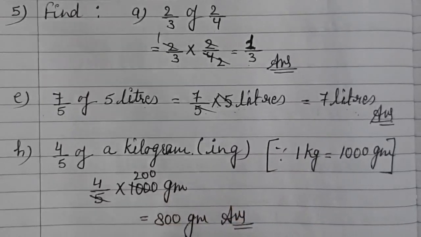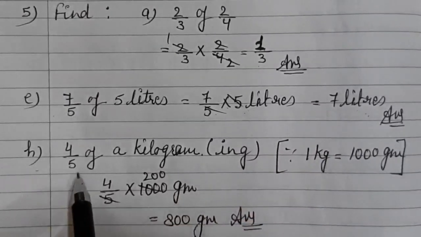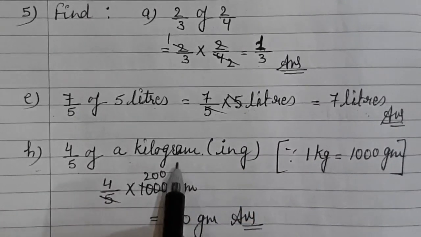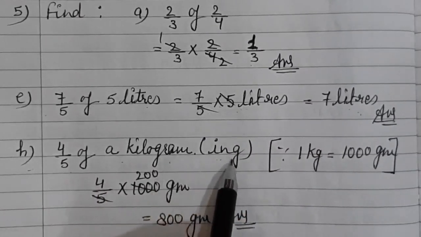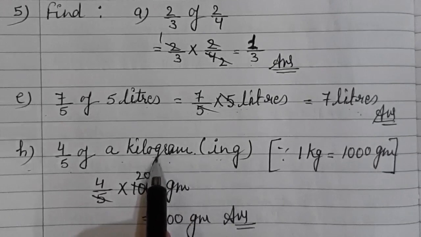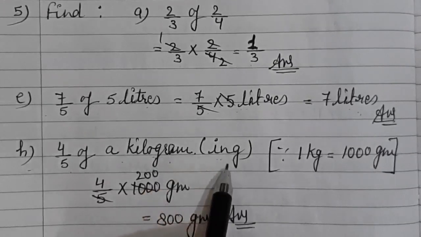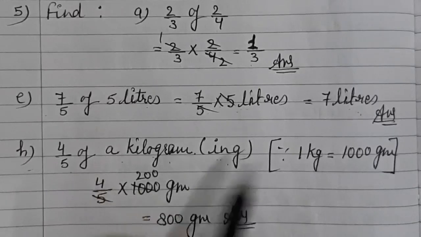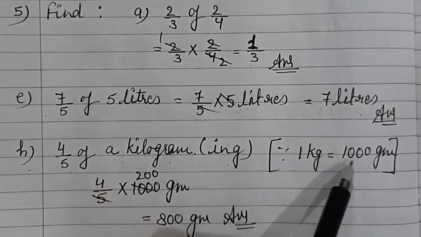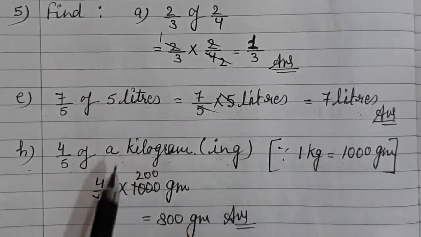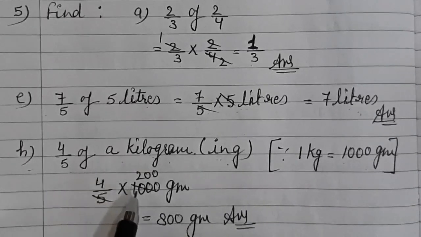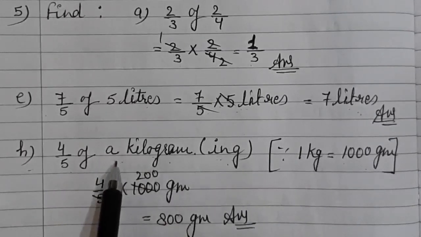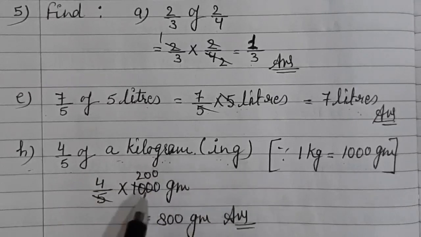Now come to H part. 4 by 5 of a kilogram. So here it is written in gram. That means we have to convert this kilogram into gram first and then we will multiply, right? So we know that 1 kilogram is equal to 1000 grams. So 4 by 5 of, of stands for multiplication, and instead of a kilogram we can write 1000 grams.